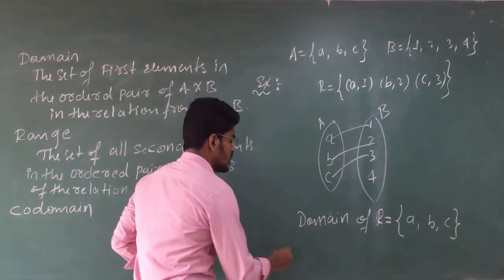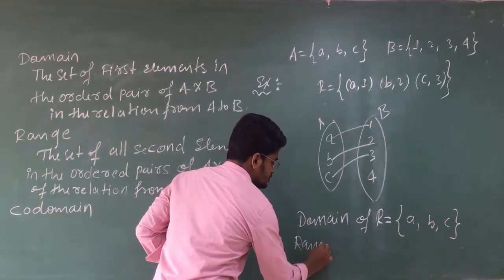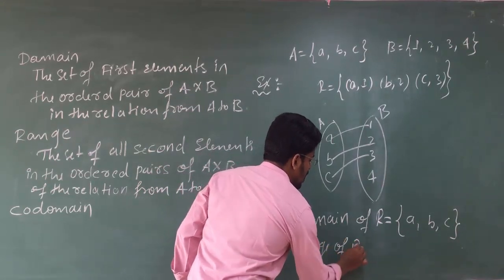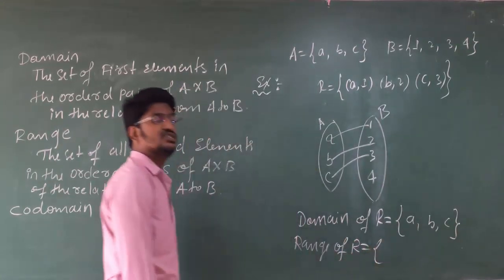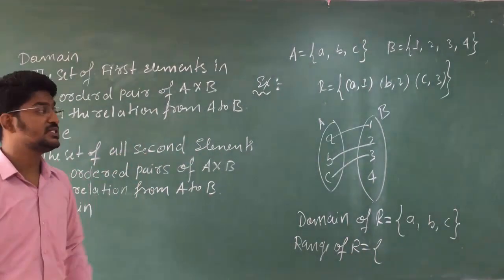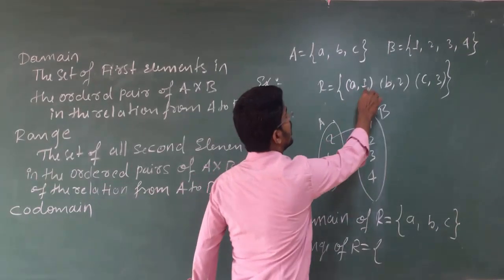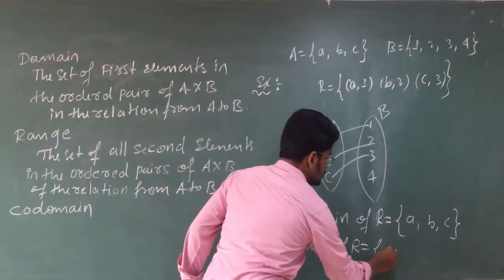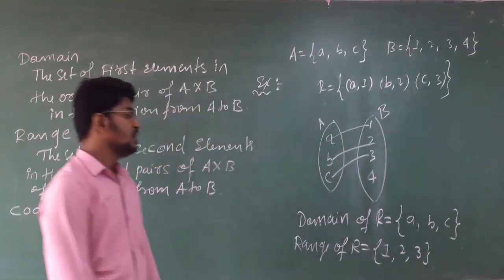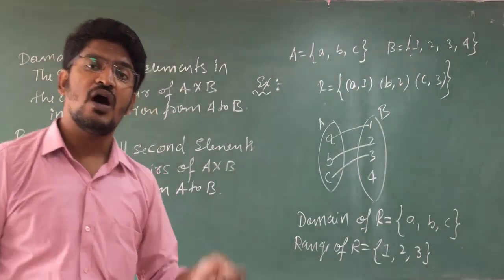So now if I want to write the range of R, range of R is equal to what? The set of all second elements. What are the second elements? 1, 2, 3. So {1, 2, 3} is your range of R.